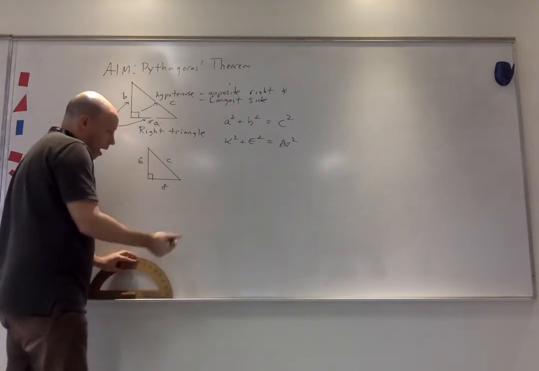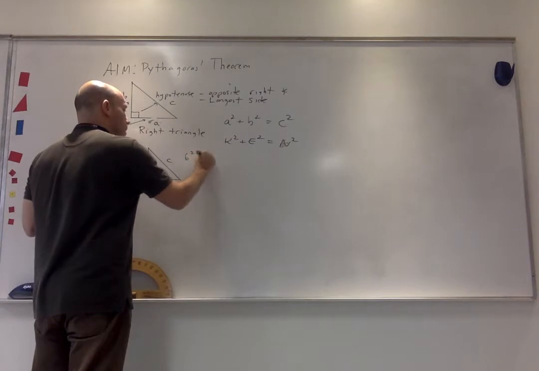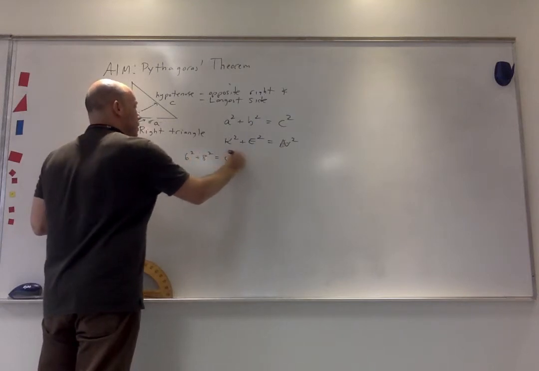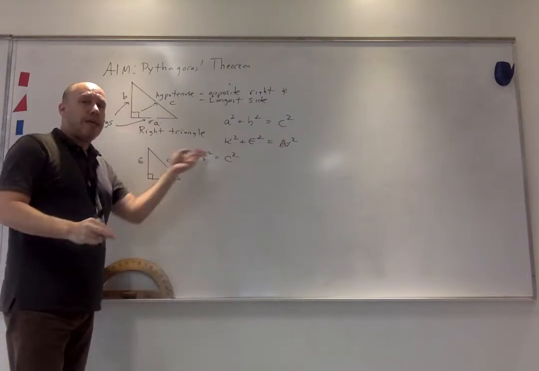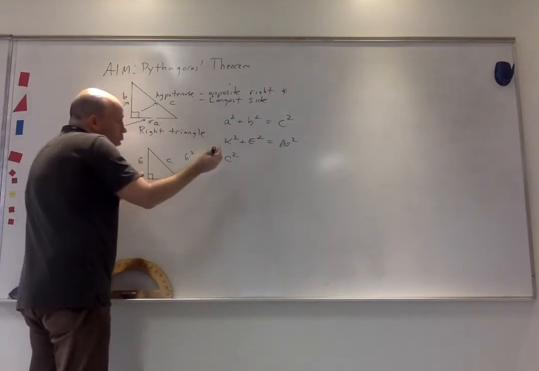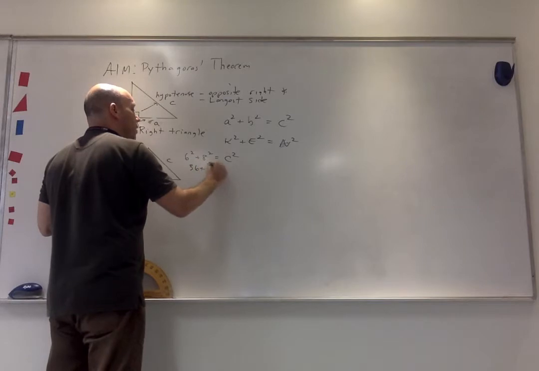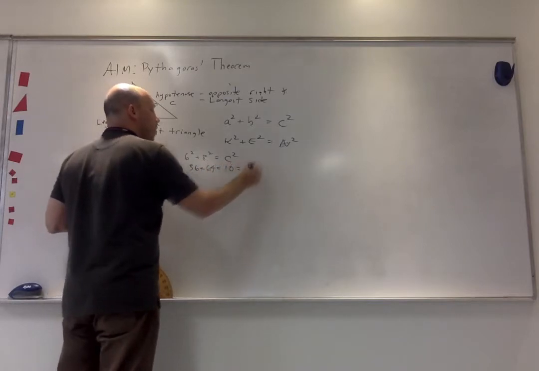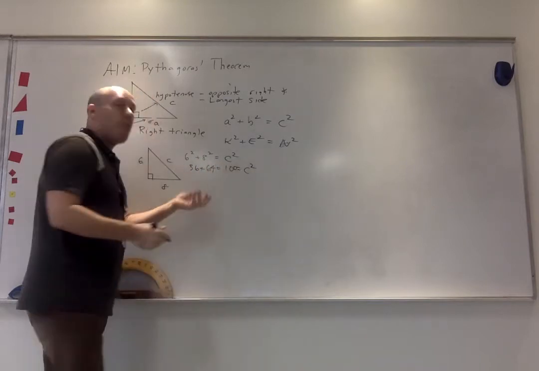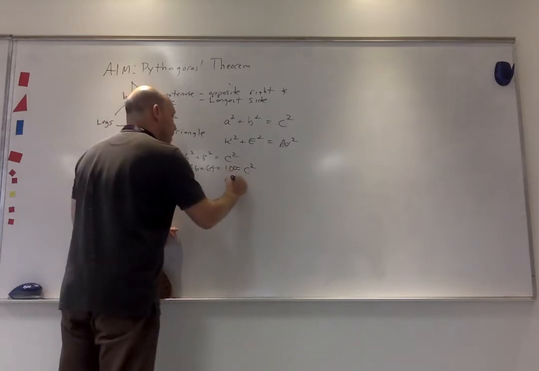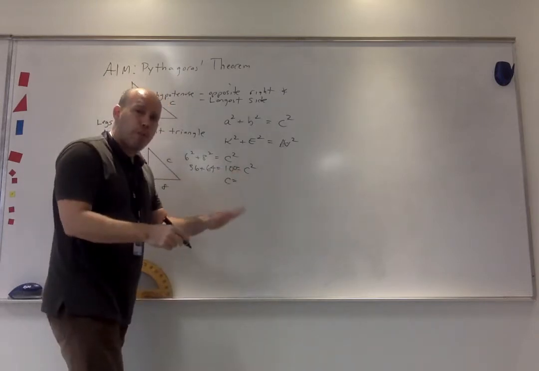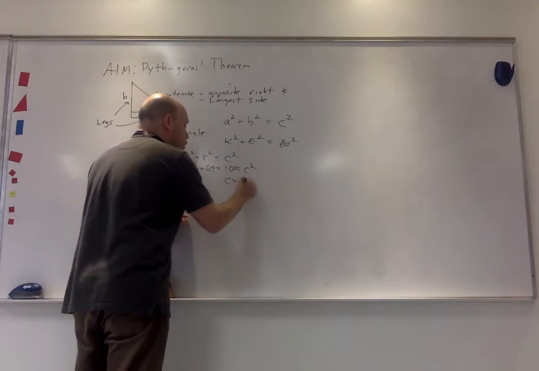And you say, okay, I know that 6 squared plus 8 squared equals C squared. You can write this equation in Desmos by changing C to X, or you can solve it on your own. 36 plus 64 equals 100. That equals C squared. You know by inspection that C equals plus or minus 10, but we're just going to write 10.